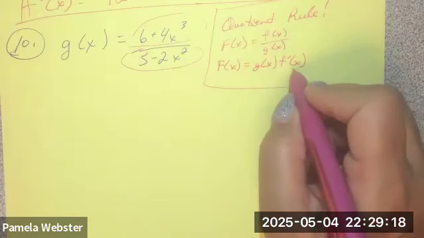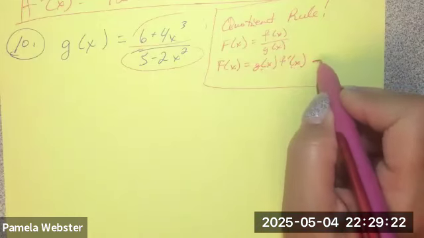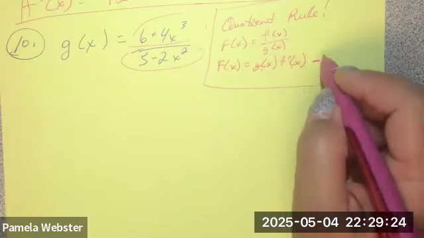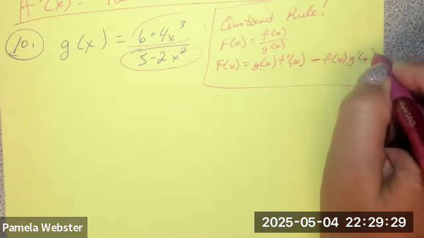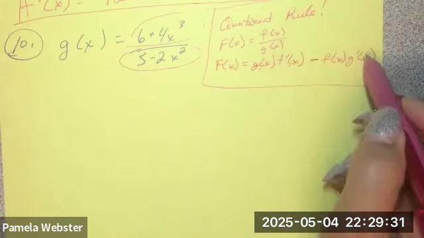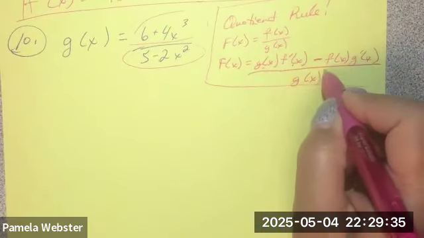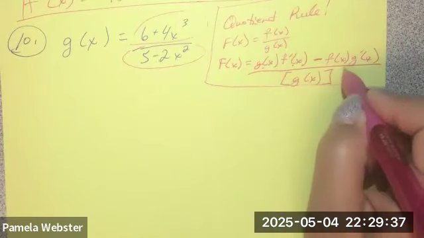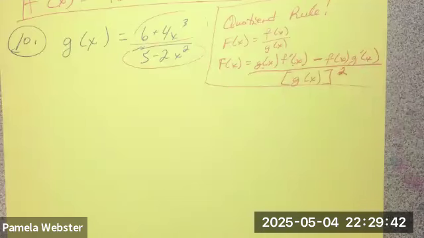The order absolutely matters here. Low d high minus, that's why the order matters here because we're subtracting, high d low, the top guy, times the derivative of the bottom, all over the bottom guy squared. Remember that formula? Again, it'll be on the formula sheet and it'll be on the right-hand side because that's where all the derivative stuff is, right?